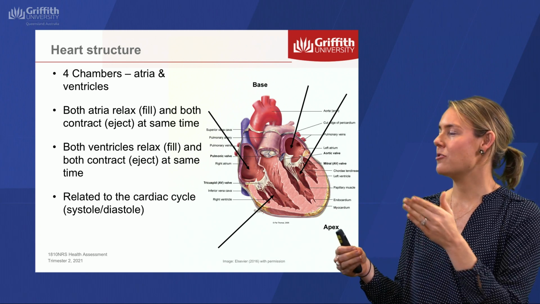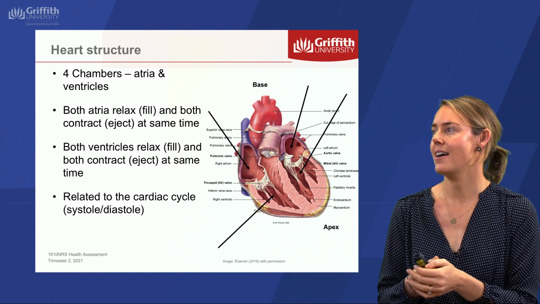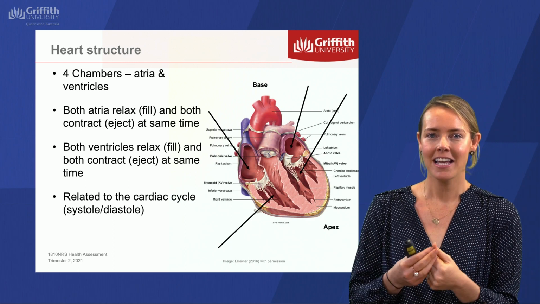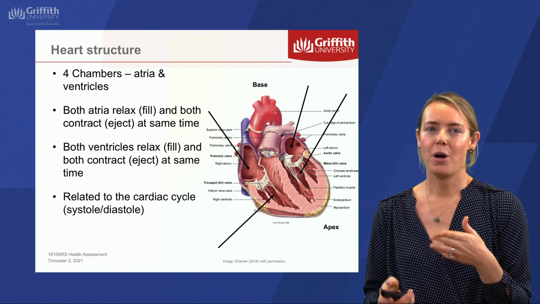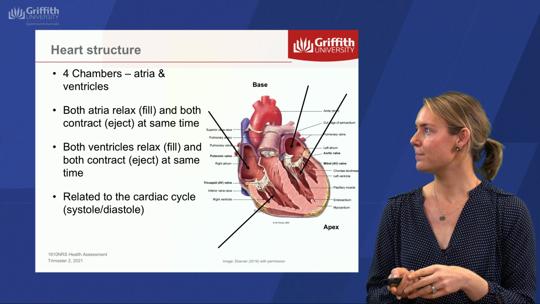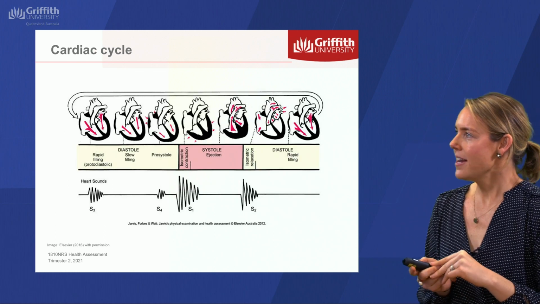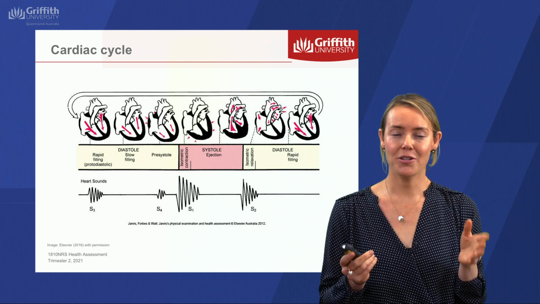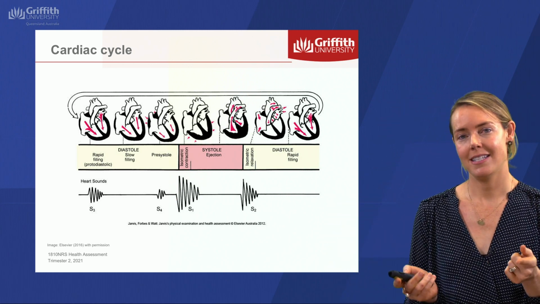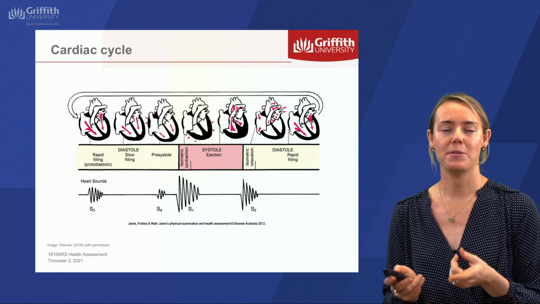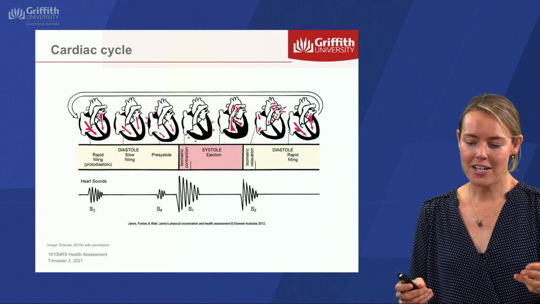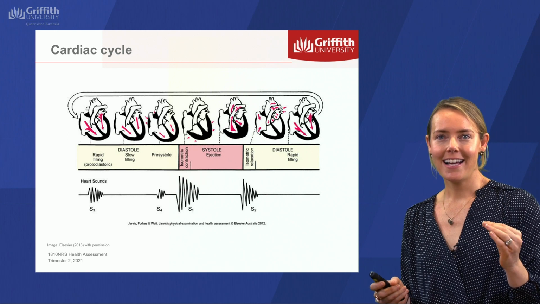And this is then directly related to our cardiac cycle. So this is where you start seeing the words like systole and diastole appear. And so we'll go into that a little bit more now. Within our cardiac cycle, the sounds that you are really going to want to listen to within your cardiovascular assessment are the S1 and S2 sounds.